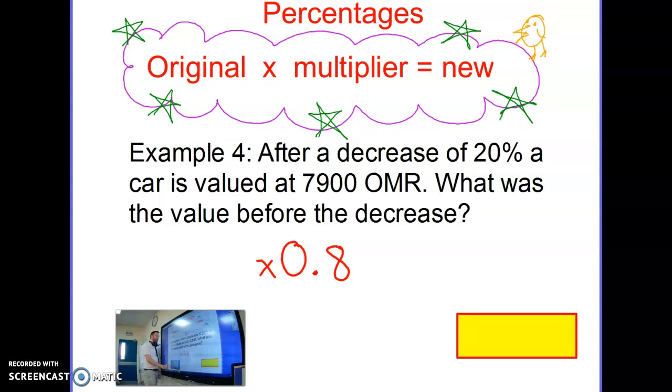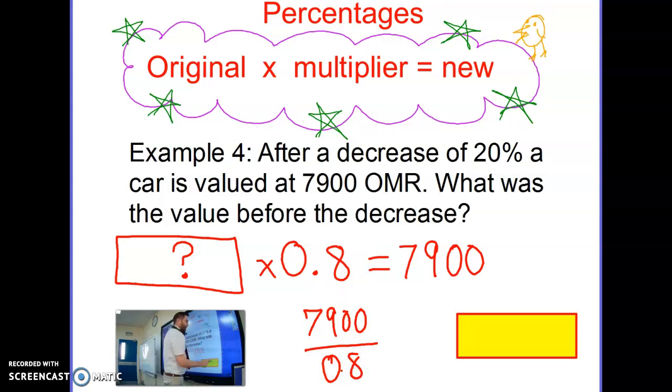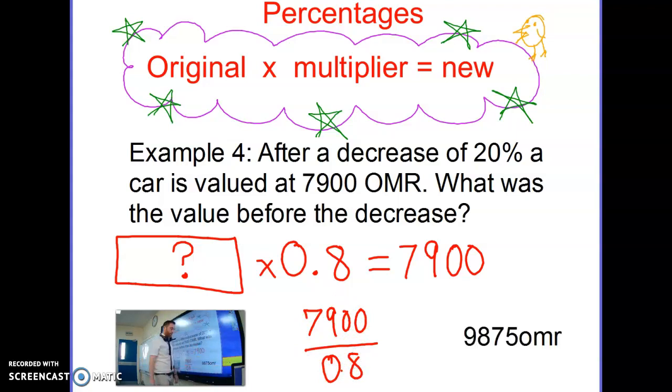I've got a new amount of 7,900 and I am finding the original amount. We don't know this part yet. Again, if something times 0.8 equals 7,900, the calculation I need to do is 7,900 divided by 0.8. And that gives me 9,875 Omani Riyals.